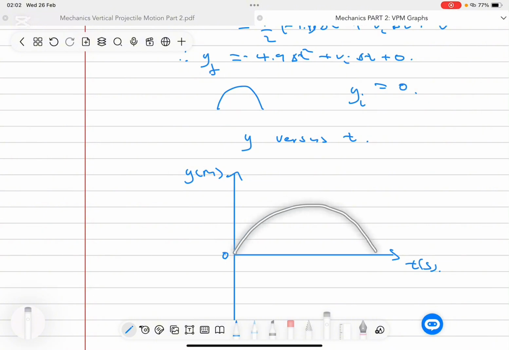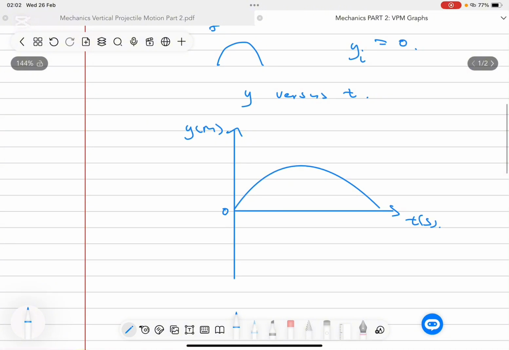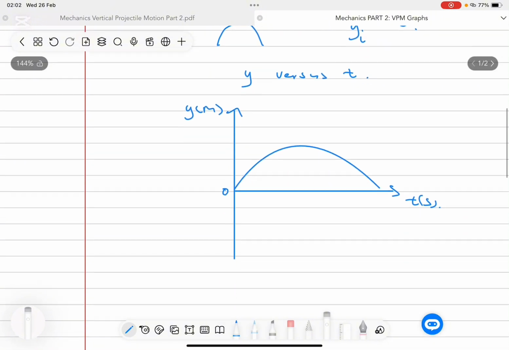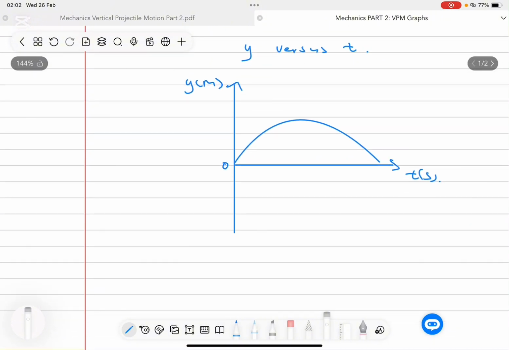Now when we draw this graph, it will look like this. The graph starts at 0 and then it gives me a sad face because my a here, the negative 9.8, is a negative. Now that's simply how you'll basically draw this graph. It's a parabola based on those properties.